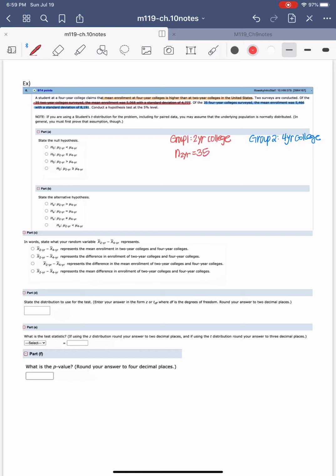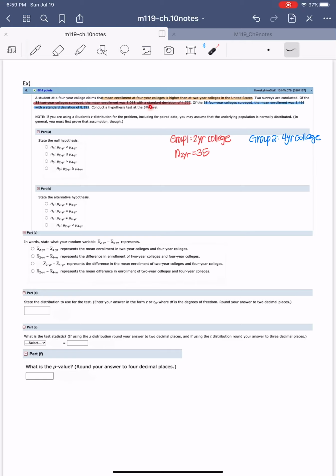35. The mean enrollment. Now here, be careful. We are dealing with 35 data, so even though you have a mean and it doesn't say anything, this will be your sample mean. Same thing here. This is a very common mistake. You see the word standard deviation and then assume that this is a population standard deviation.